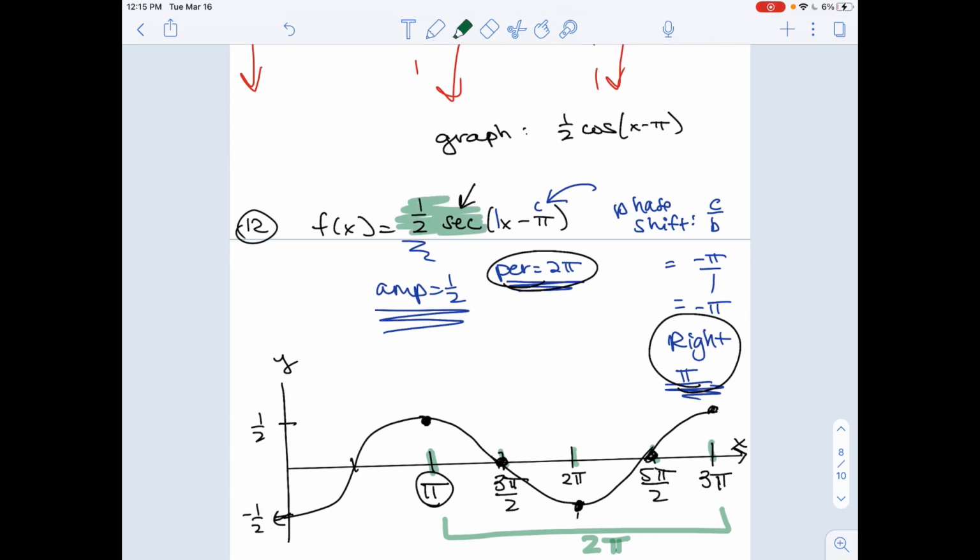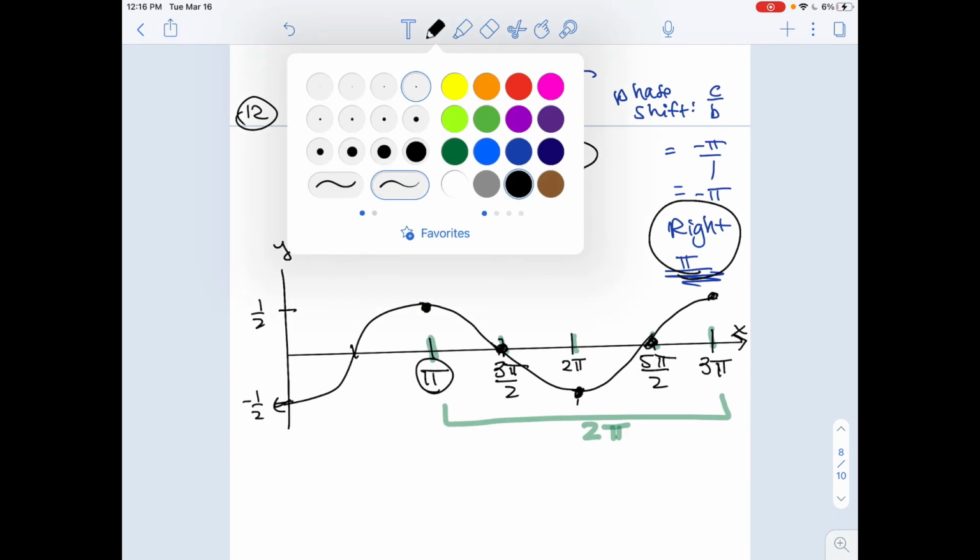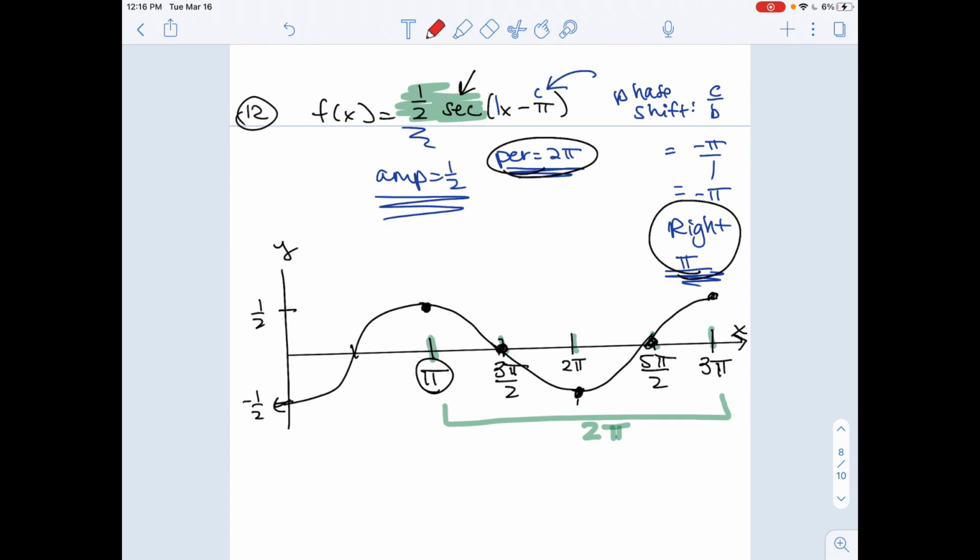So remember, secant is the reciprocal of the cosine function. So the reciprocal means that wherever our function was 0, which is here and here, the reciprocal of 0 is undefined. So this is where the asymptotes for your cosine function are.